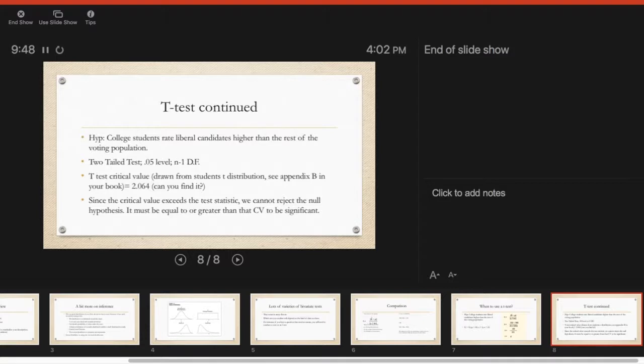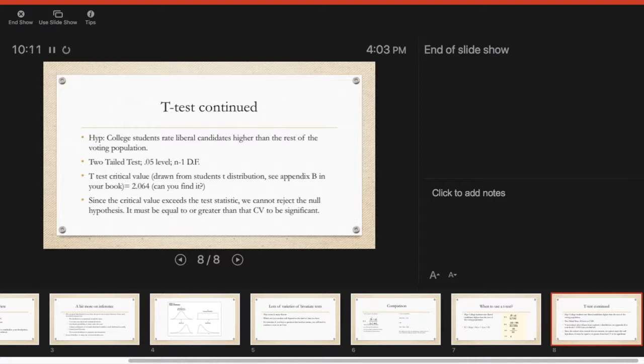So if you look at the alpha level for a two-tailed test, you'll see 0.10, 0.05, 0.02, and it just keeps going. We've picked the 0.05 level, so we're going to look down that column. You'll see a whole series of numbers. The very first number that you see is 12.706, right?